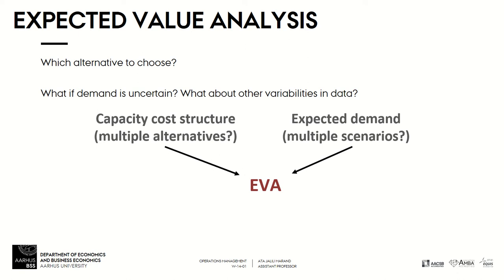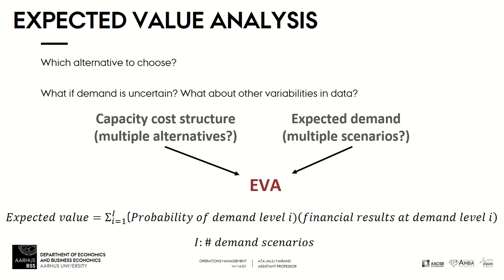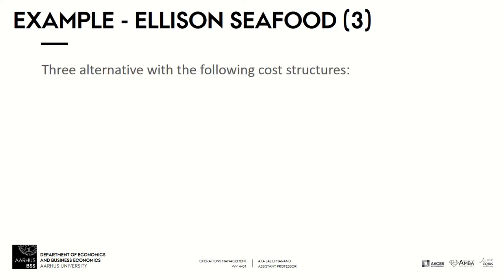Then for each capacity alternative, we can calculate the expected value, as you can see in this formula. The expected value is the summation over I, or over different scenarios for demand, of the probability of demand level I multiplied by the financial results or outcomes at demand level I. Let's see the example.